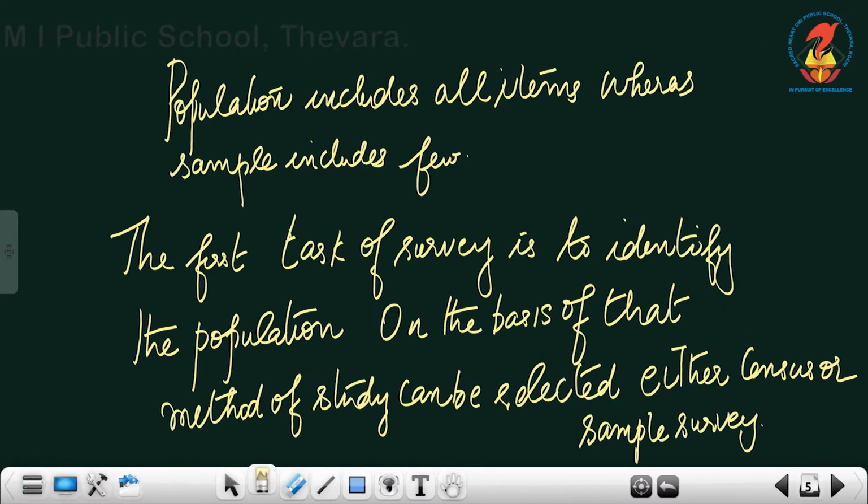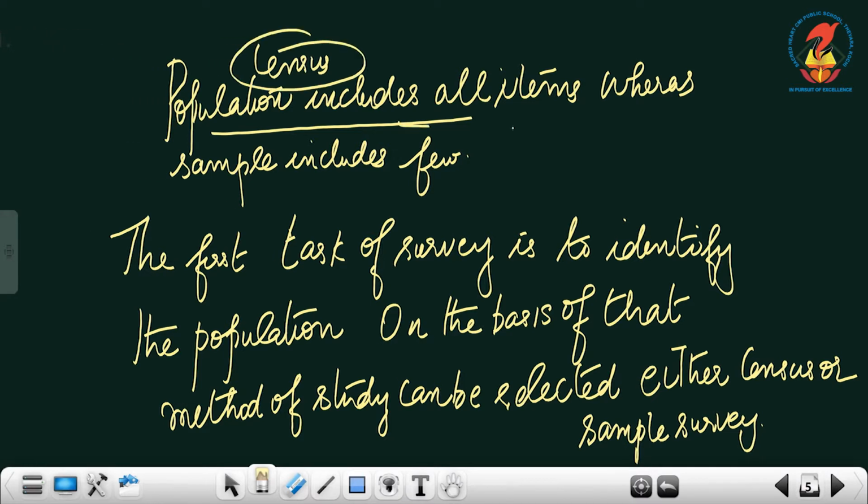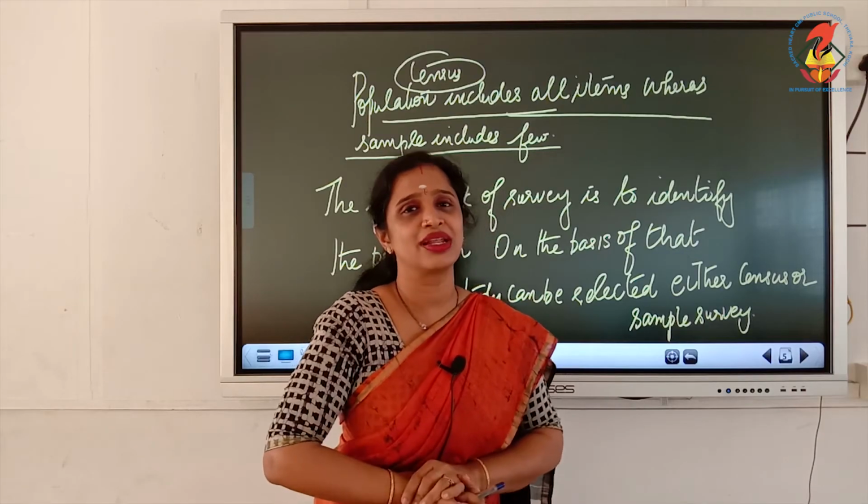This is the basic difference between census and sample survey. Population includes all the items, whereas sample includes only a few. From the name itself it is clear, right?